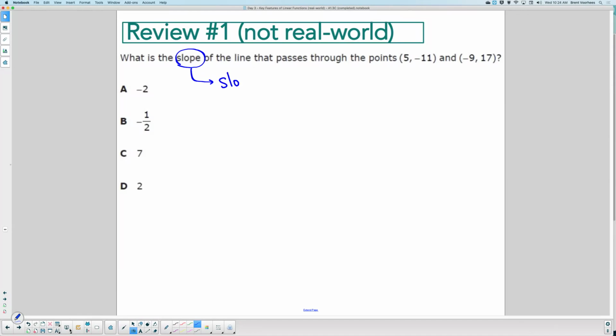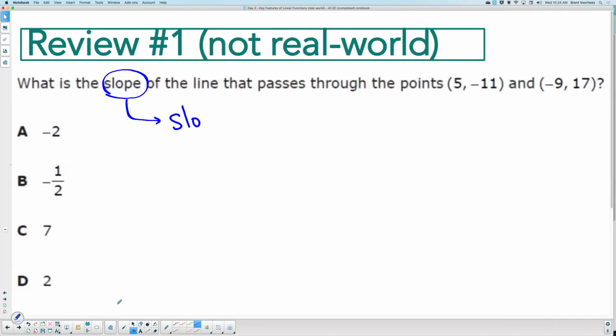Let me make this bigger for you. Easier to see. Slope is the same thing as your rise divided by your run. Now, with your arms, I want you to show me which way does rise go. Does it go left and right or does it go up and down?